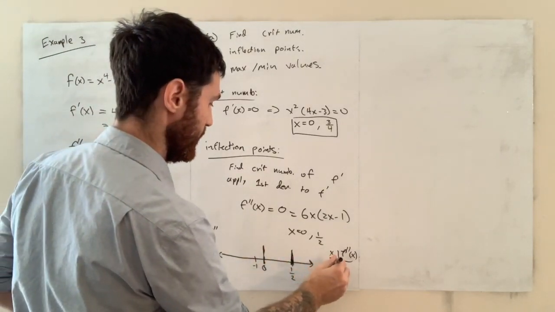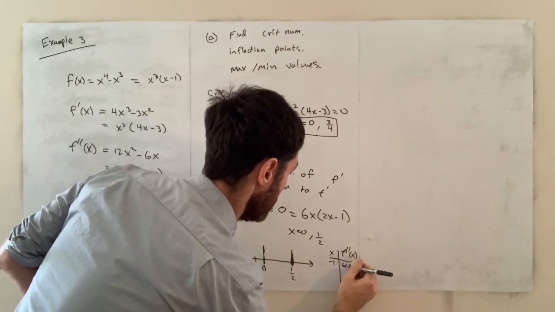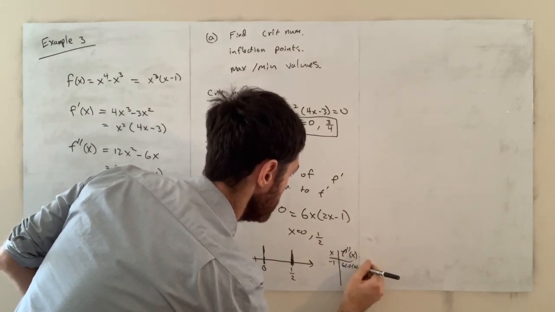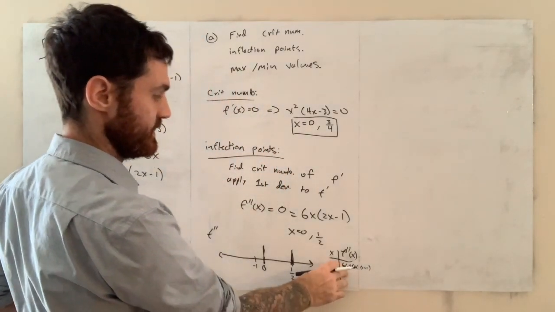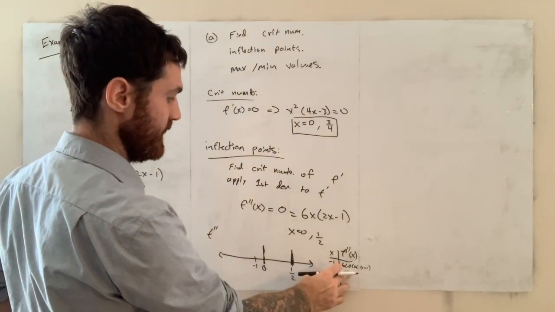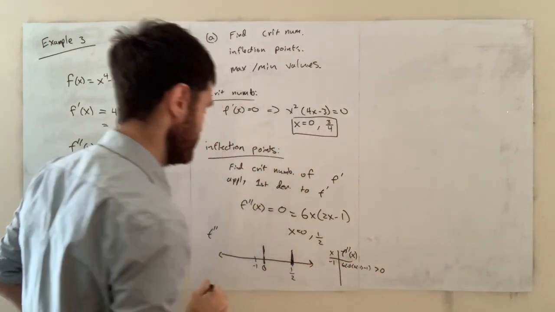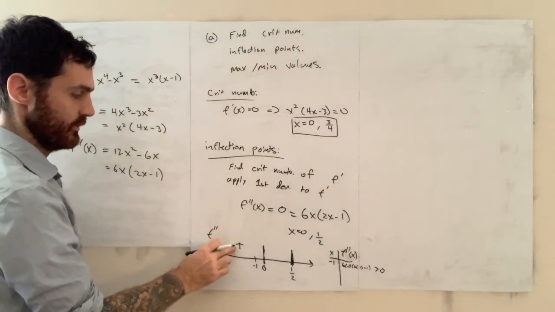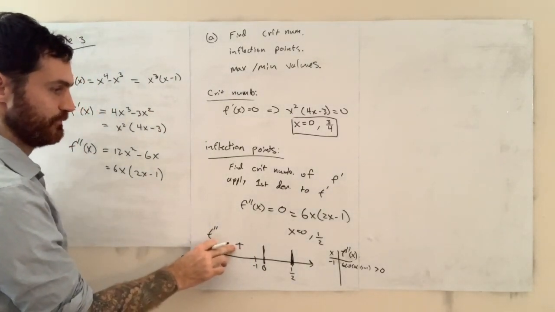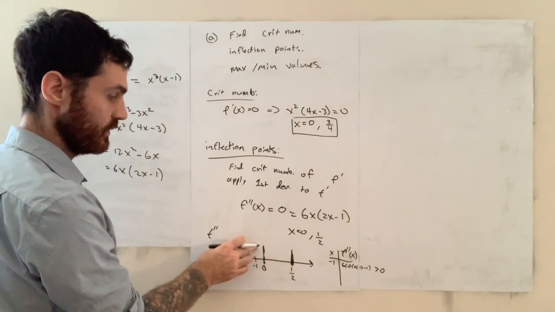If I plug in -1, I'm going to get 6 times -1 times 2 times -1 minus 1. Again, this is a positive times a negative times a negative, so that's going to be greater than 0. So your second derivative is positive during that time, so the concavity is upward.